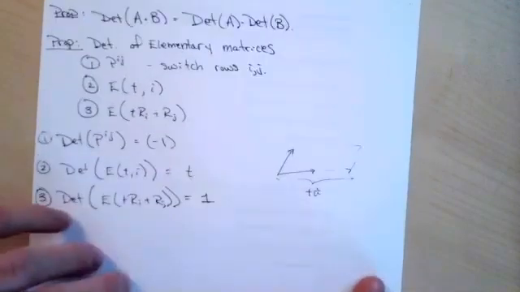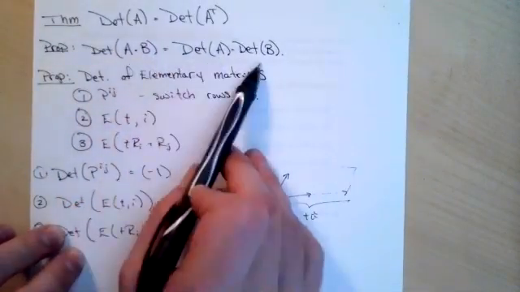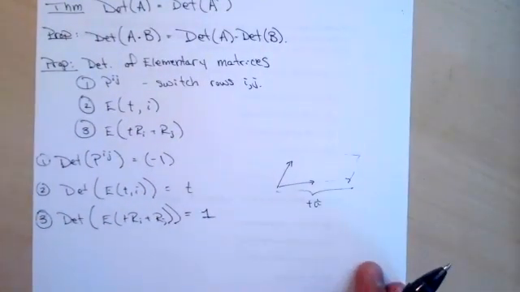And now this allows us to use this previous theorem, the fact that our determinant is multiplicative, to get some information about elementary row operations.